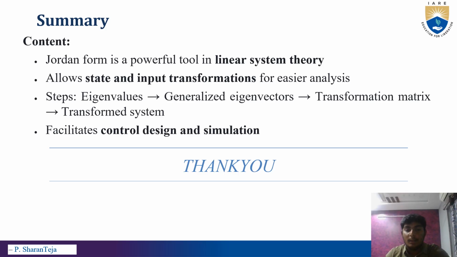Steps: finding eigenvalues, and finding eigenvectors and generalized eigenvectors to form T. Compute J = T⁻¹AT. So the Jordan form is a powerful tool in linear system theory. It also allows state and input transformation for easier analysis.